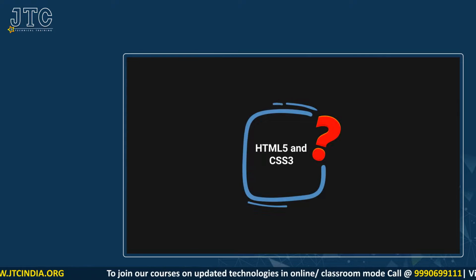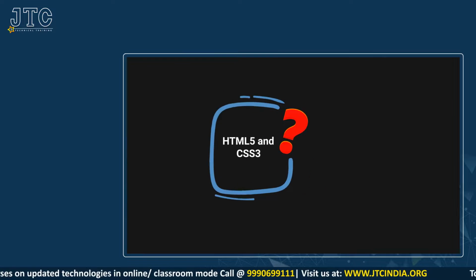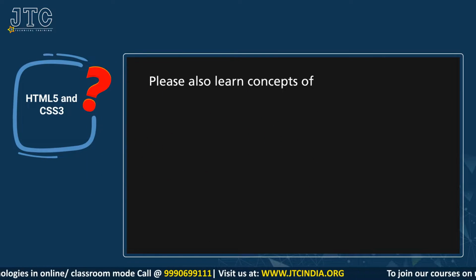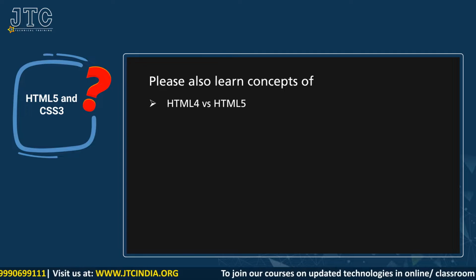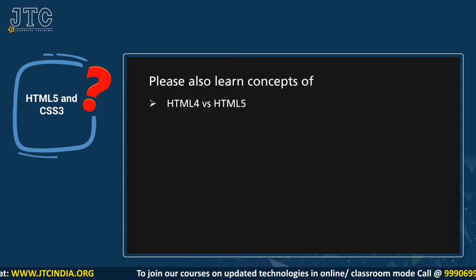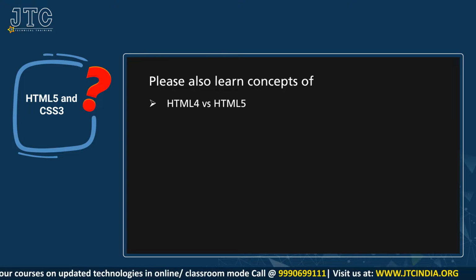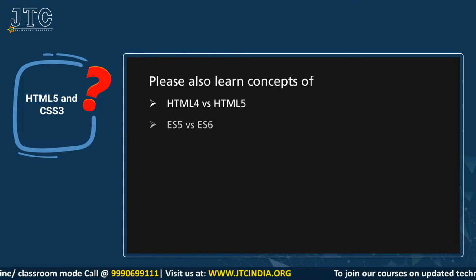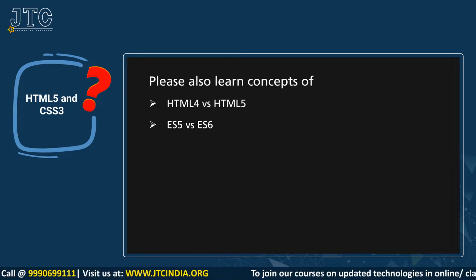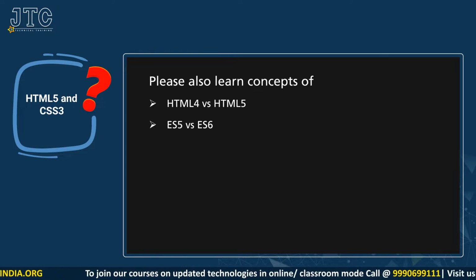And then supporting this JavaScript, we have the concept of HTML5. Just like ES6, there was ES5 earlier, and similarly we had HTML4 earlier. The world was stuck between HTML4 and HTML5 for a very long time, similar to ES5 and ES6. When HTML5 came into the market, great differences were there.